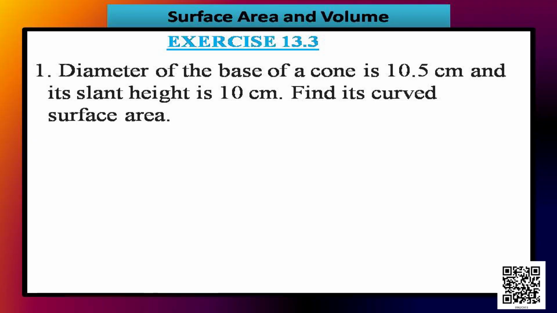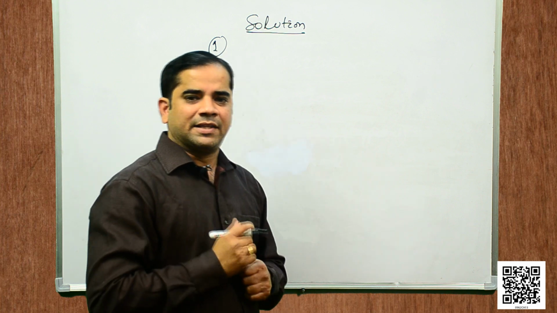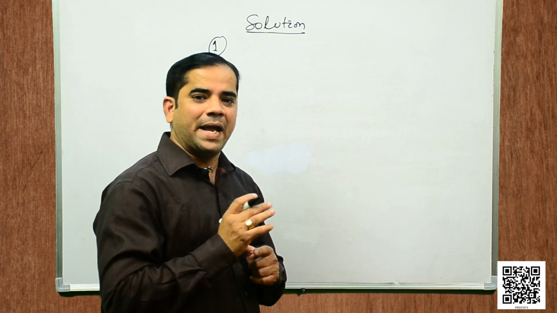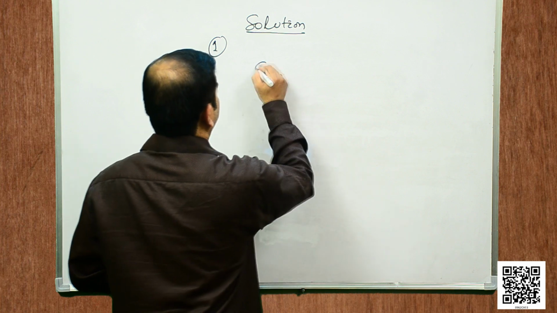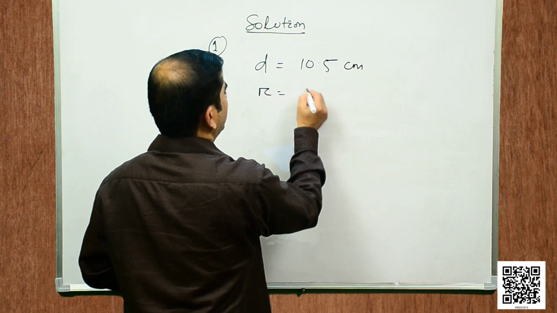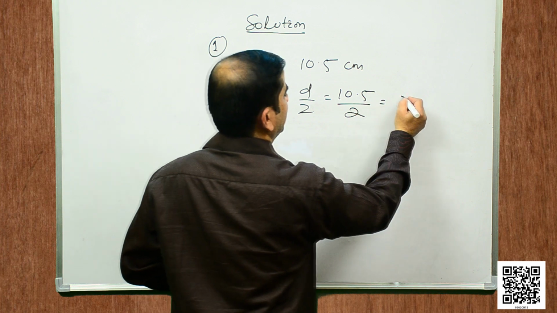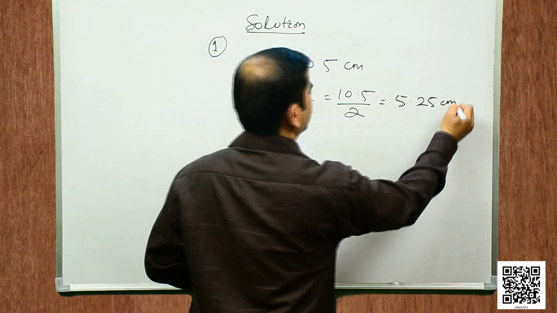What it says? It says diameter of the base of a cone is 10.5 centimeter and its slant height is 10 centimeter. Find its curved surface area. So, let us discuss the solution. As per the question, the diameter of the base of cone is 10.5, so d is equal to 10.5 centimeter. So, r will be d by 2, that is 10.5 by 2, or it is 5.25 centimeter.